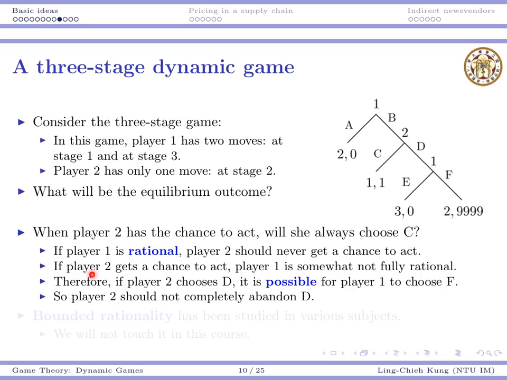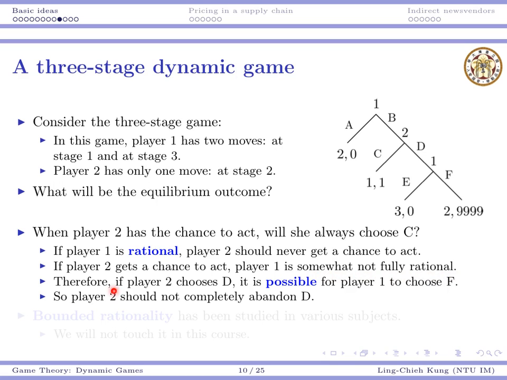So that's a typical situation. But if you are player 2 and you really are called to make a decision, then somehow that tells you that player 1 is not fully rational, right? If player 1 is rational, player 1 does not do that. So that must be player 1 has something that you cannot predict.